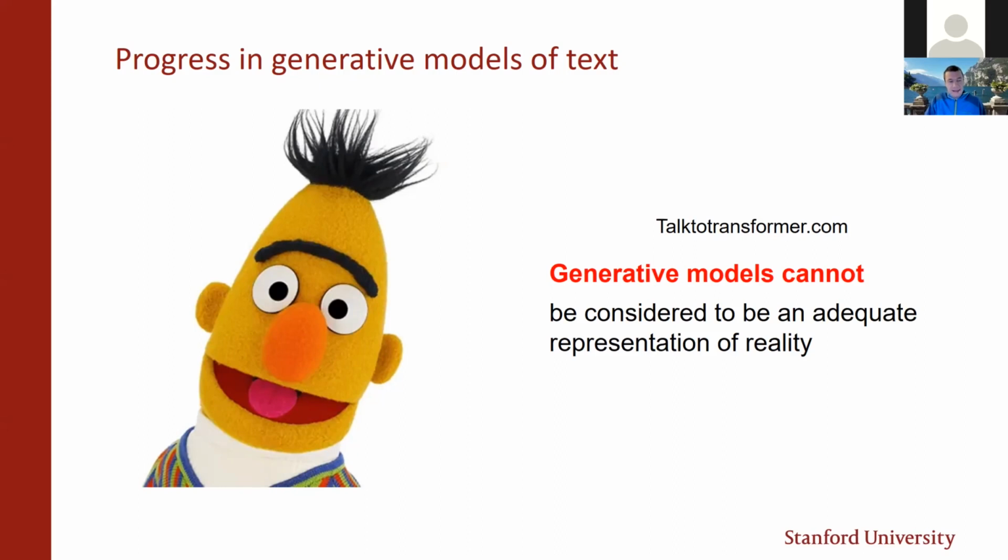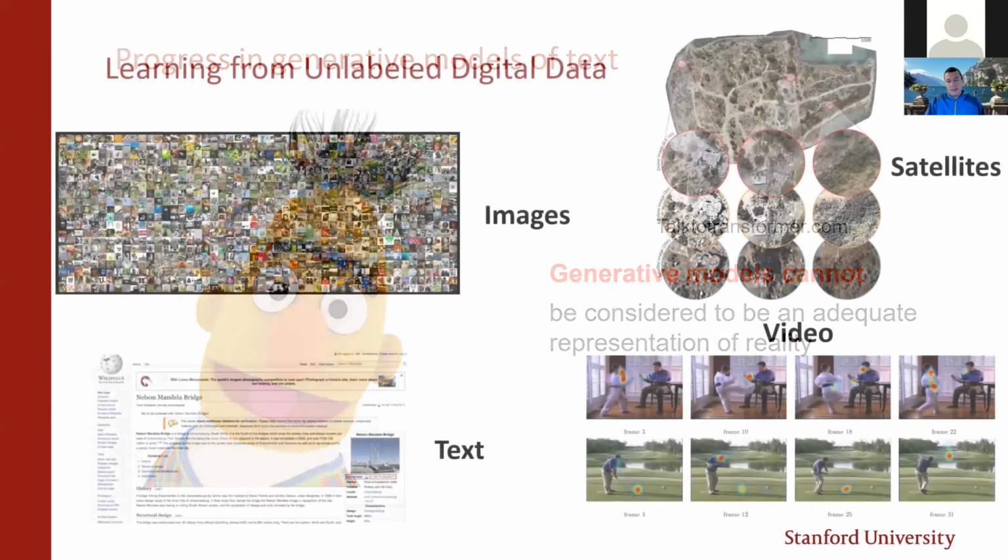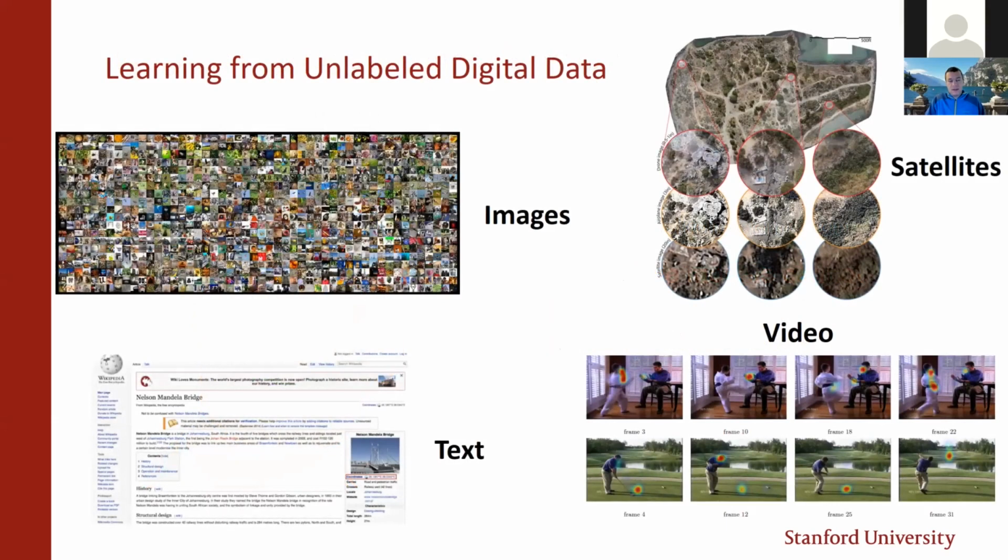And more generally, I think it's really an exciting area in machine learning right now: this idea of building a foundation model, some kind of model that can take advantage of a lot of unlabeled data.